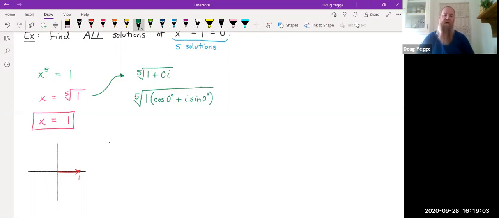So we're trying to find all of the complex numbers that make that true. So now we just simply have to set this equal to our unknown result, which we don't know. We're going to say r times cosine theta plus i sine theta.